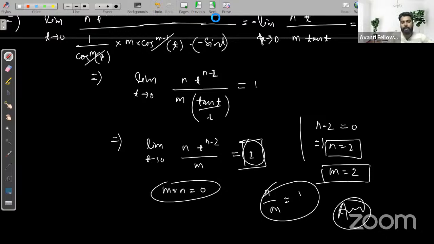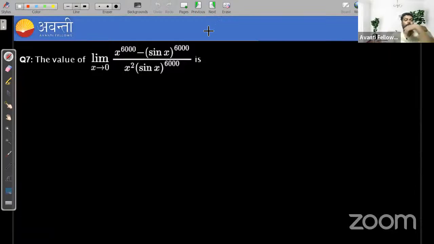Next question, it is given that you need to find the value of the limit as x tends to 0 of (x^6000 - (sin x)^6000) divided by x^2 (sin x)^6000. So let's see.